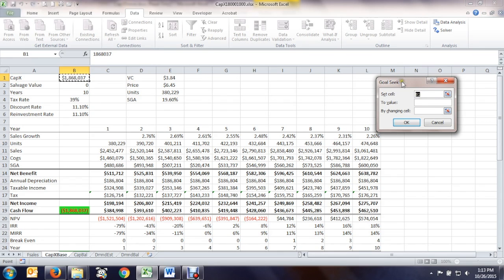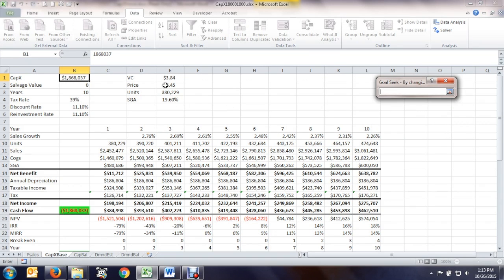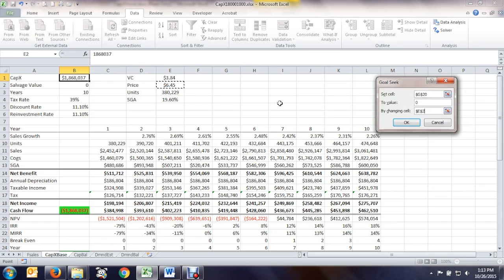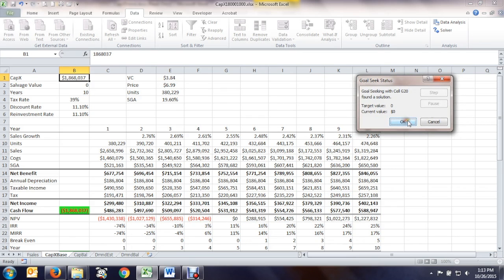So we're going to use the GoalSeek, and we want to set year 5 equal to 0, and we're going to do that by changing the price. And what it says is if we set the price to $6.99, we'll end up with a 0 NPV in year 5.